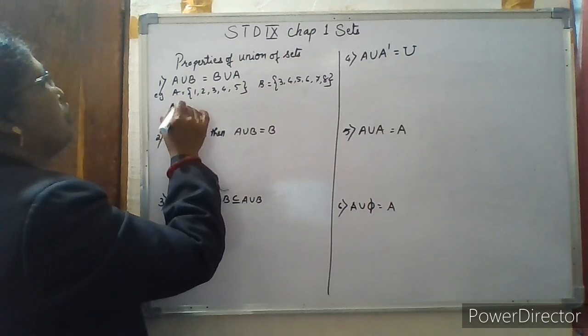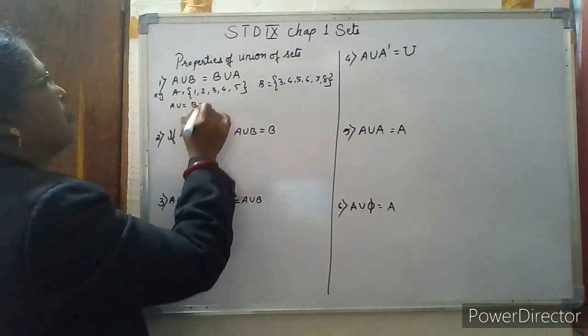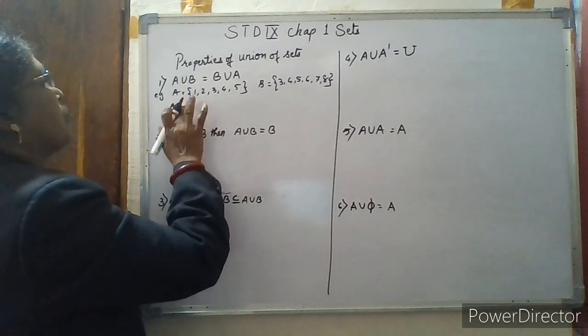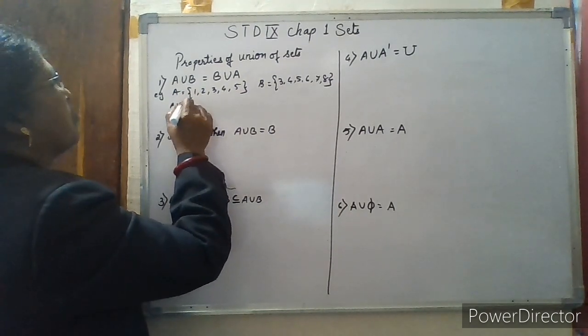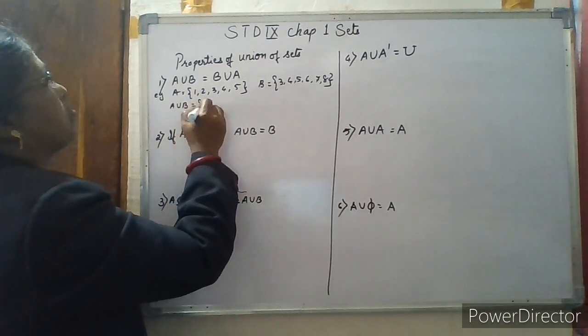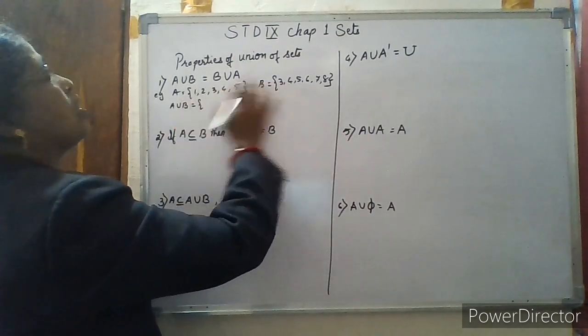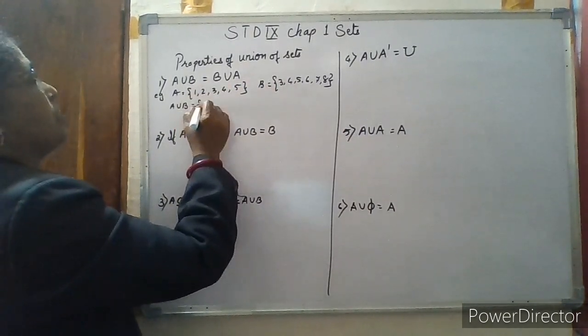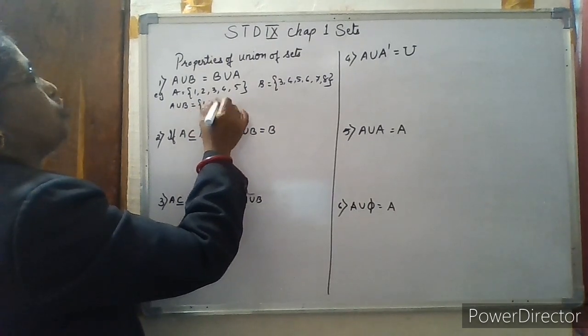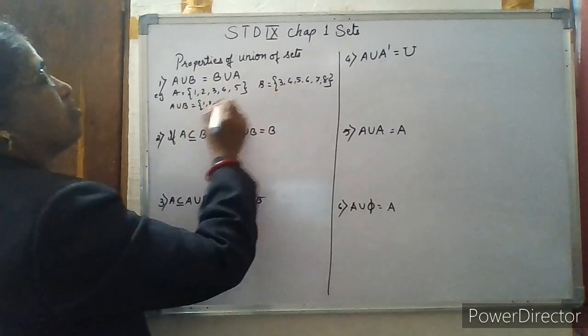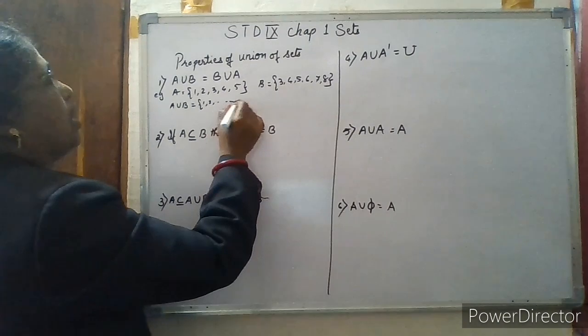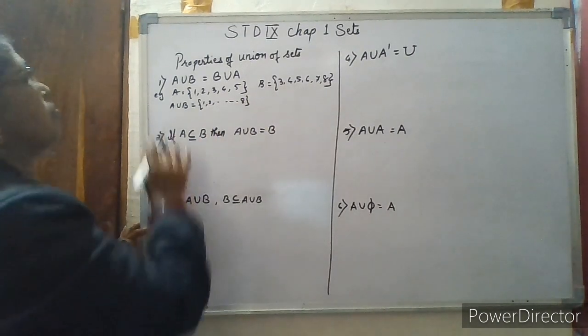A union B is equal to, we have to take all the elements of set A and B: 1, 2, 3, 4, 5, 6, 7 up to 8. This is A union B.